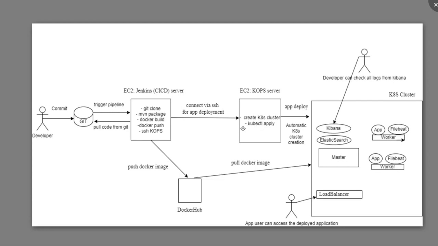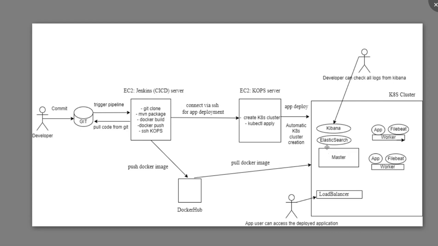We just apply the deployment YML file, which is located in the Git repository. In the deployment YML file, we mentioned to pull our already built Docker image from Docker Hub, and then the application will be deployed to the Kubernetes cluster.